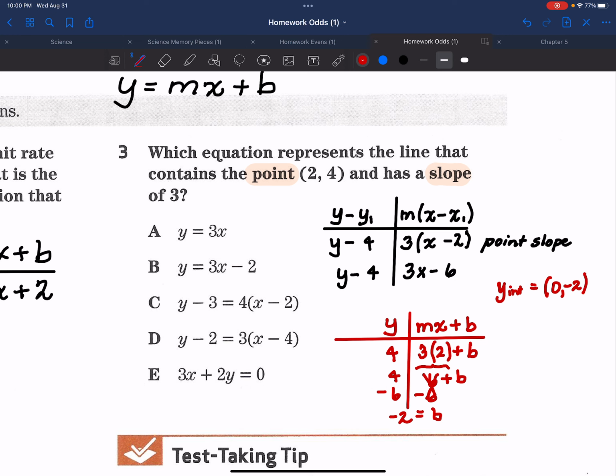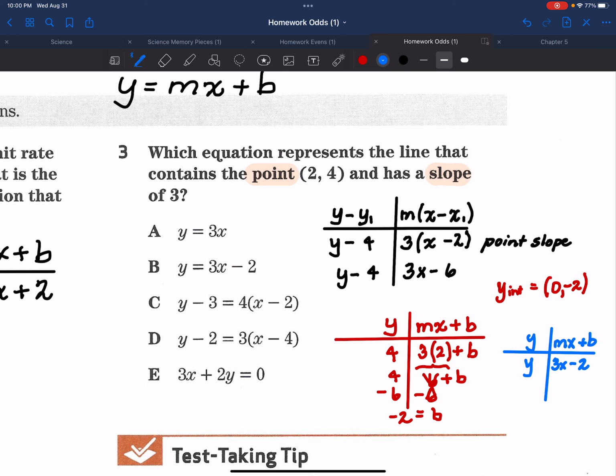So I can write this one more time. I'm using y equals mx plus b. y equals 3x plus negative 2, which is the same as minus 2.